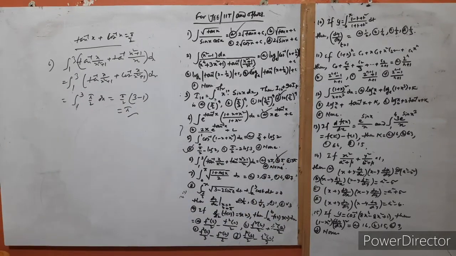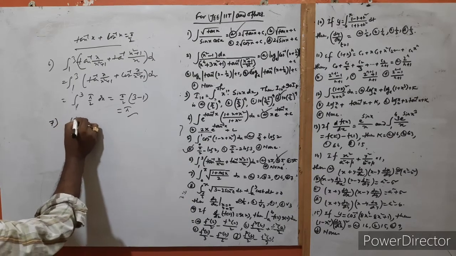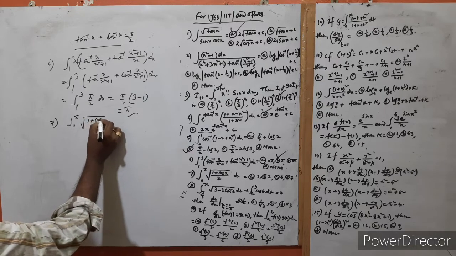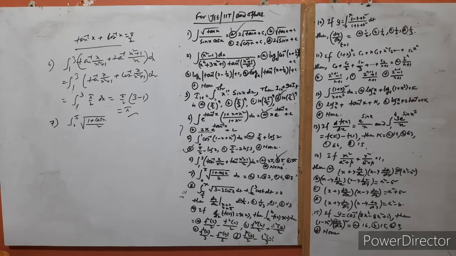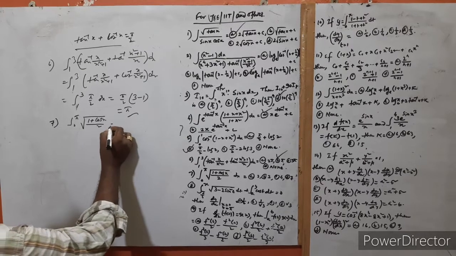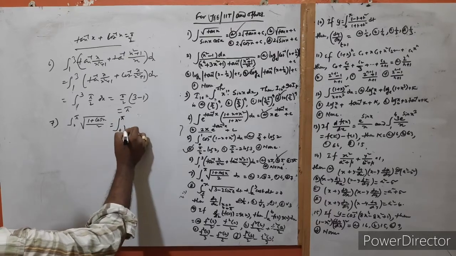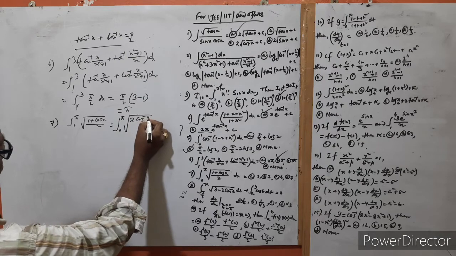Okay. So for question number 7, the integral from 0 to pi, and this is a very interesting question, so you need to follow the question carefully. It is 0 to pi, root of 1 plus cos x, and this is cos square x by 2.